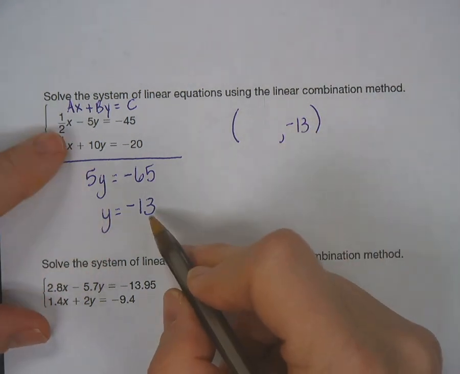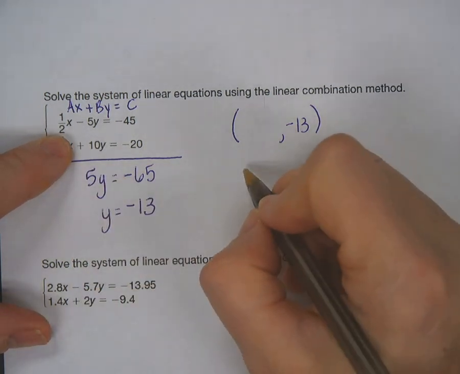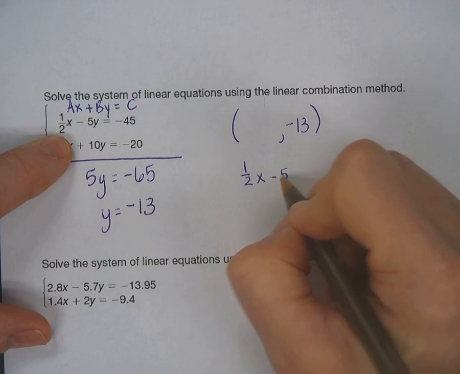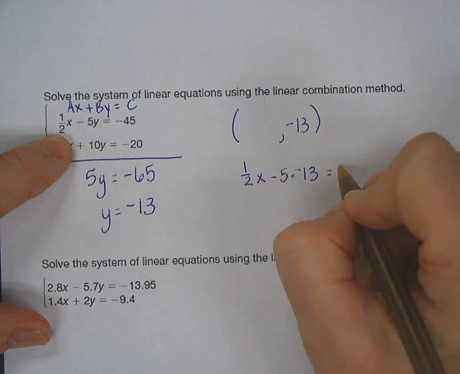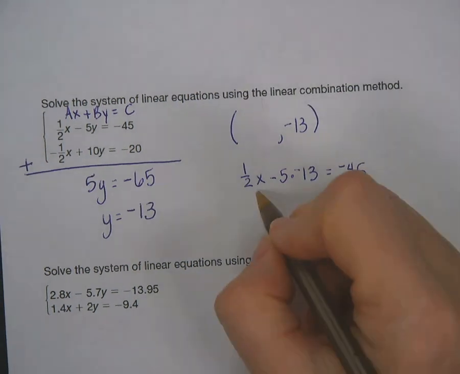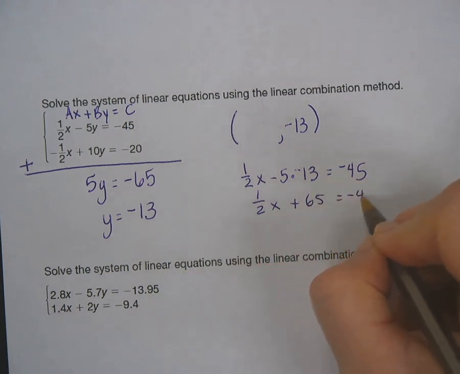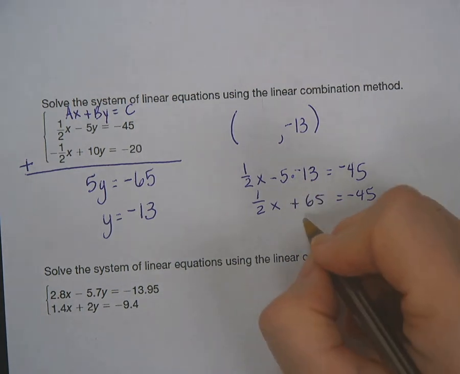So to find the x value, we go back up into here, and we can use either equation. I'm going to use the top equation. So 1/2 x minus 5 times the y value, which we just found out, has to equal negative 45. Okay, so I'm going to do a little bit of calculating. Negative 5 times negative 13 is positive 65 because a negative times a negative becomes positive.